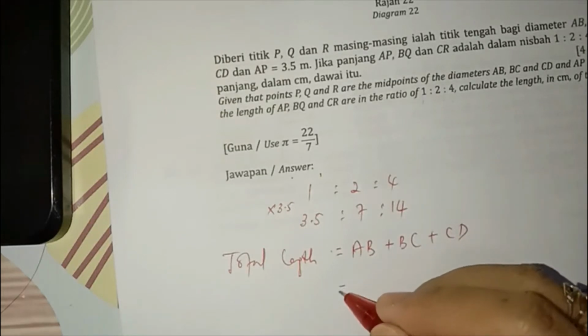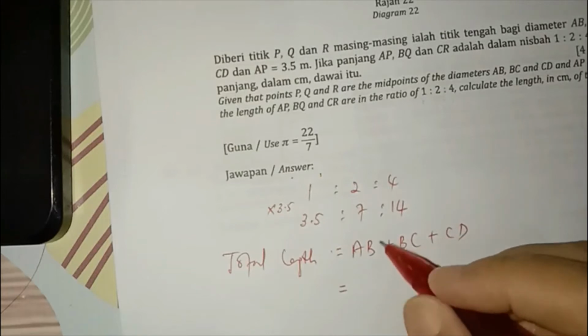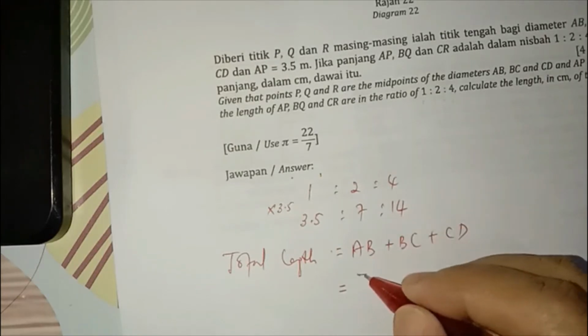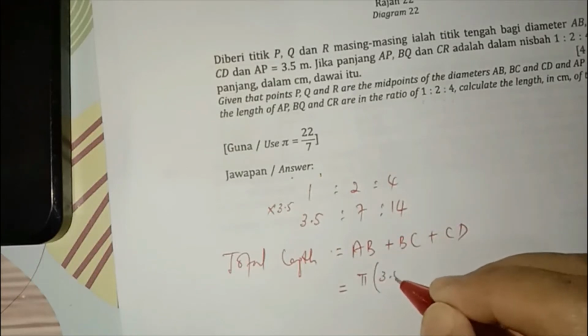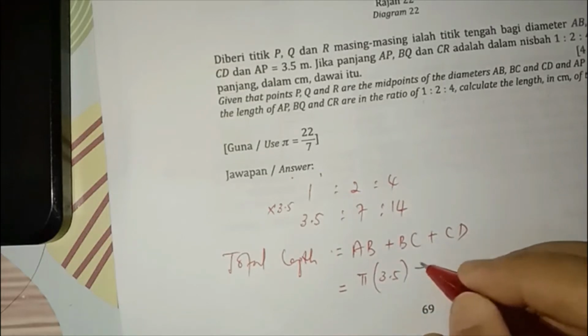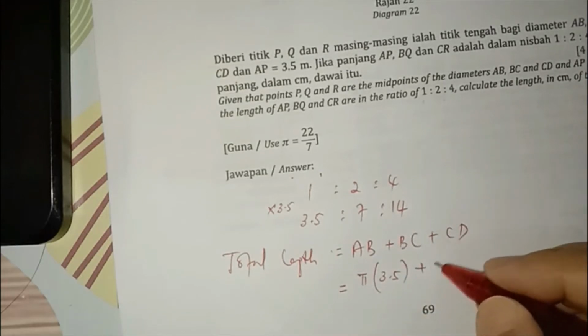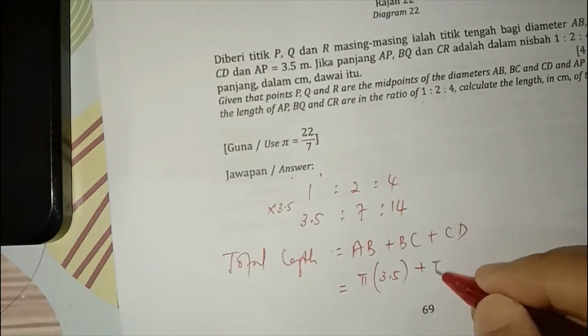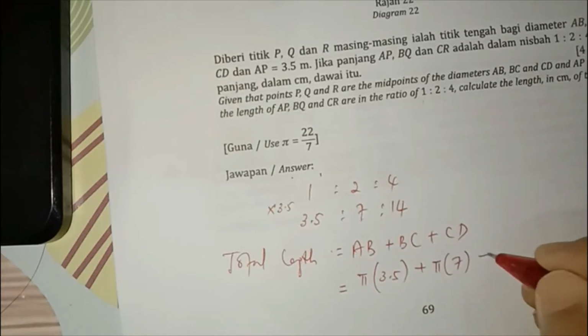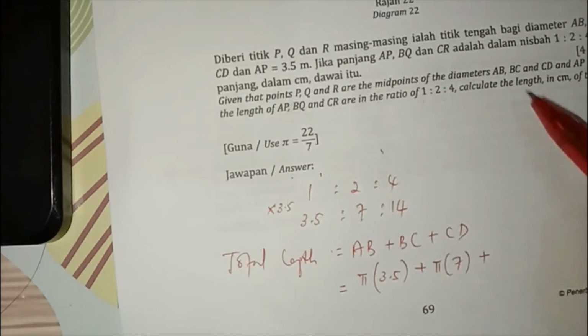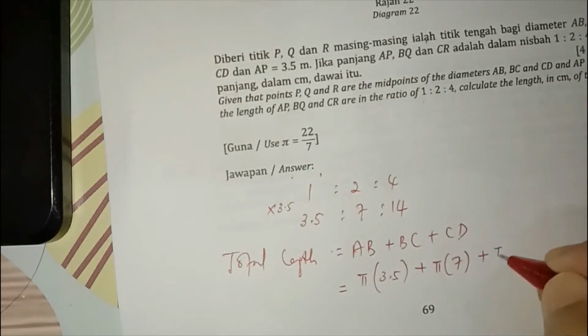Okay, so AB equals pi, R is 3.5 for AP. BC, the radius is BQ, 7, so pi 7. And then CD, 14, so pi 14.